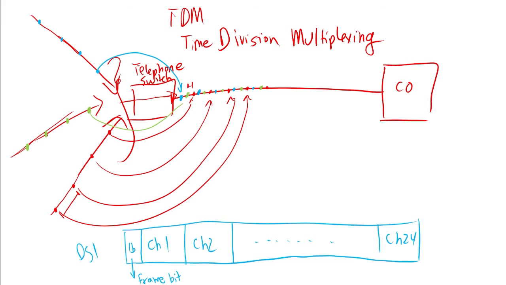So we can carry 24 streams of data within our frame. And this is 8 bits. So we can take this whole frame and transmit it down our line with 24. So we get 24 samples from 24 different sources, and we merge them together.